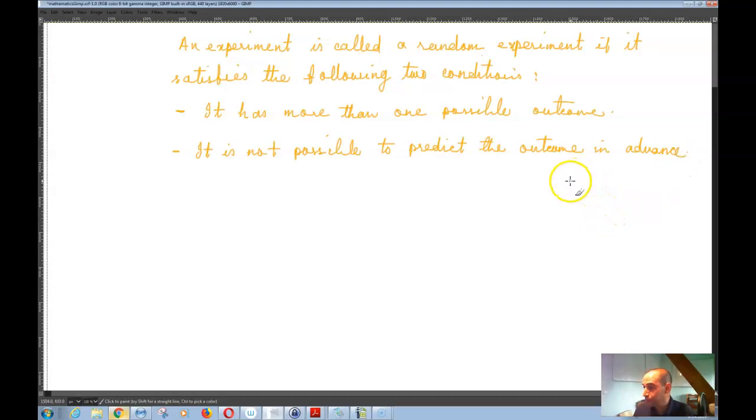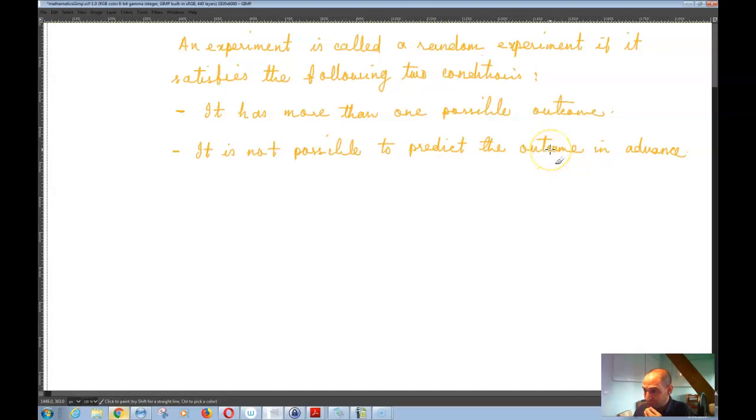So, for example, check whether the experiment of tossing a dice is random or not. Of course, it's random because it has more than one possible outcome. You get 1 through 6 as the possible outcomes, and it's not possible to predict the outcome in advance. It's of course a random experiment.